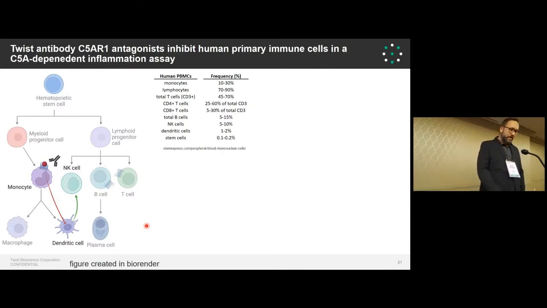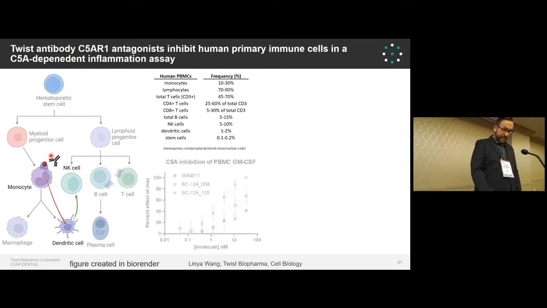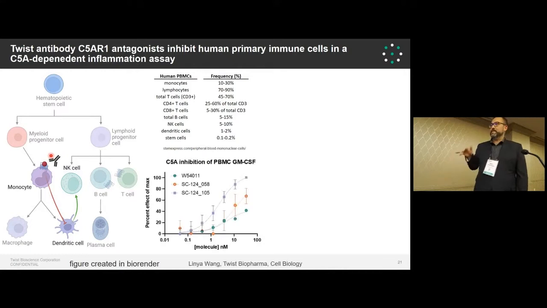So here we just have activated PBMCs. C5a receptor is on monocytes and is known to inhibit NK cells through this pathway. So when we block the C5a receptor, we see activation of the NK cells.